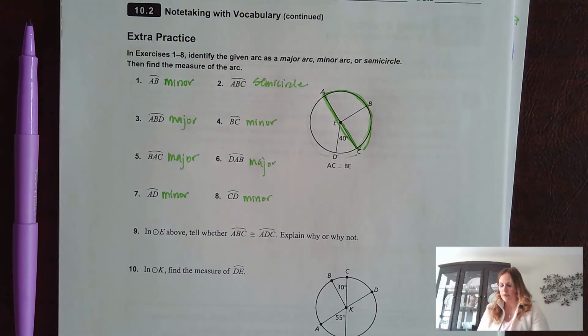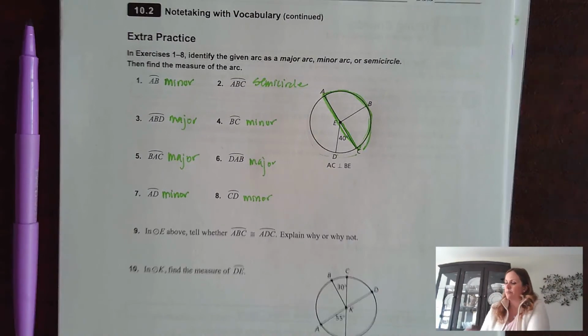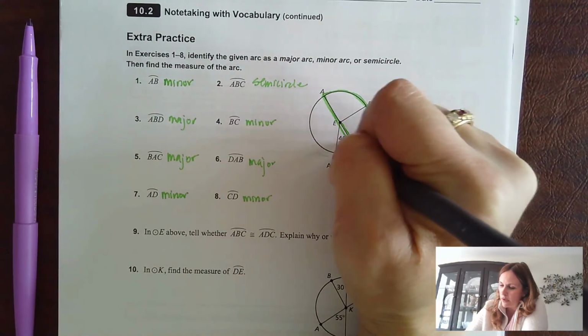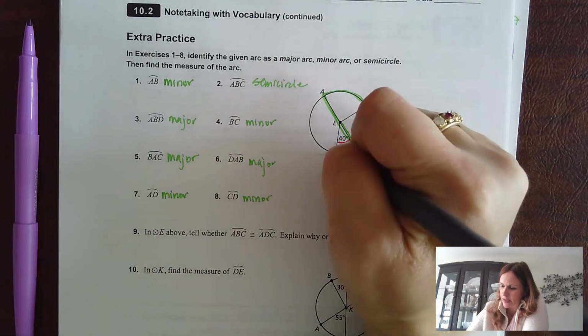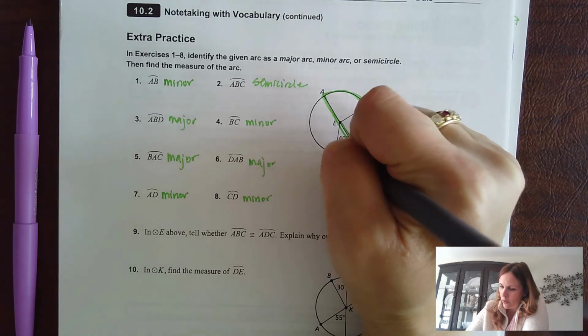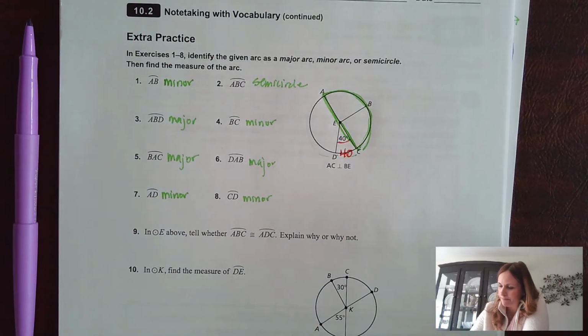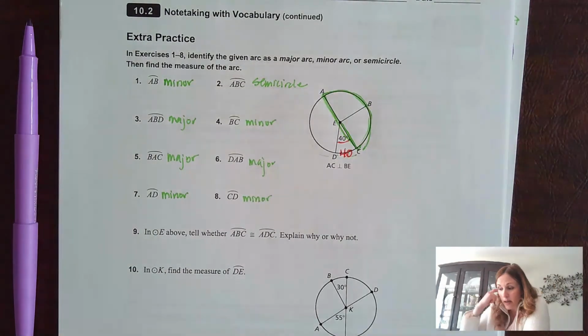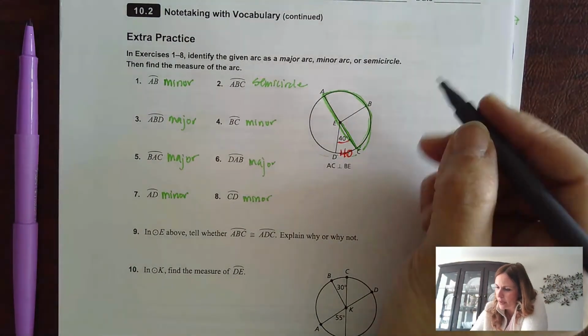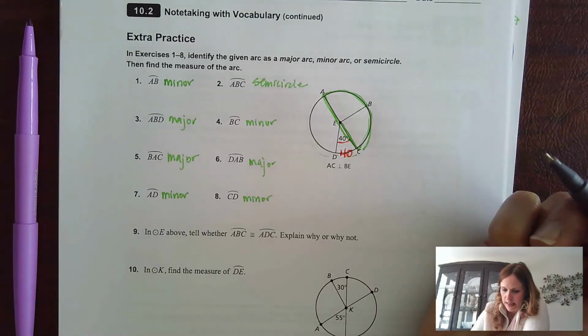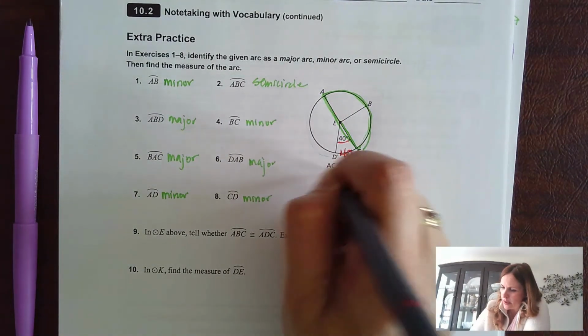All right. So now that we've got the major and minor and semicircle stuff figured out, let's do the actual measures. So if we know this central angle is 40 degrees, I'm just going to piece some stuff together here. Then we know this arc is 40 degrees. All right. Let's read this diagram here.